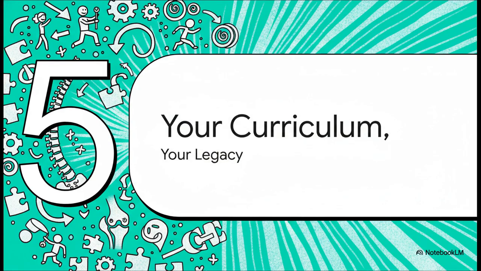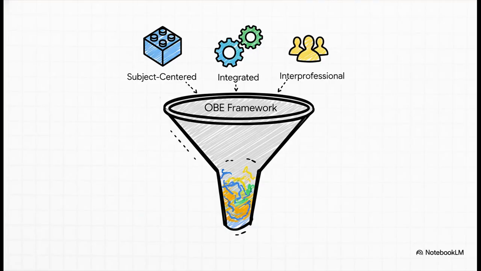Okay, so we've got all these models, all these different approaches. What do you do with them all? As a curriculum designer, how do you actually build something that is truly effective? And here's the secret. It's not about choosing just one model. The best, most sophisticated curricula are a strategic blend. You use the right tools for the right jobs, and you organize it all under one clear, guiding framework.